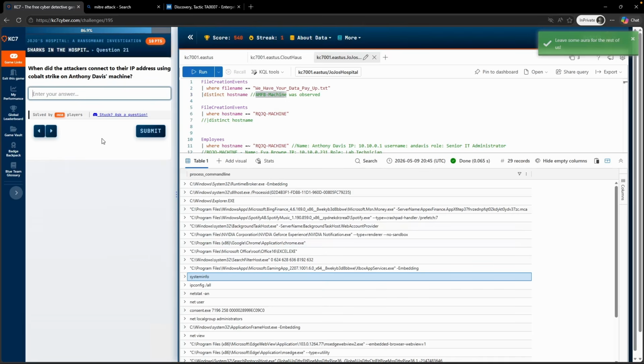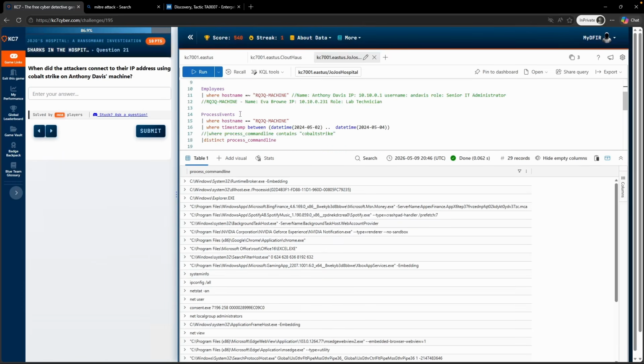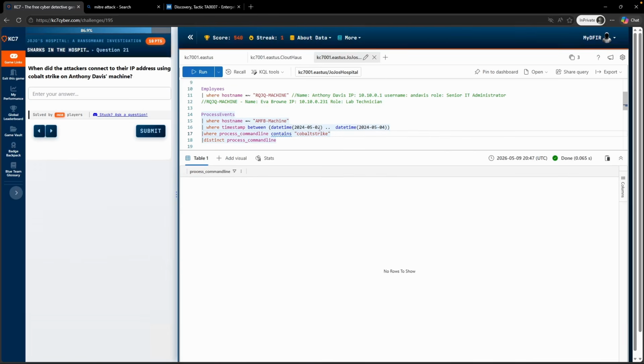When did the attackers connect to their IP address using Cobalt Strike on Anthony Davis's machine? Okay, let's go into the process events and we'll replace this one with Anthony Davis's machine. And I'll put a squiggly line there. And let's uncomment the process. And let's go into May 1st.